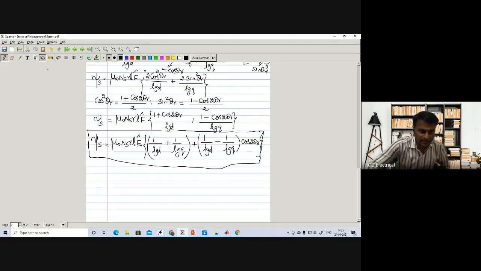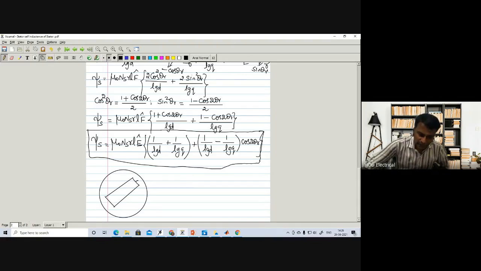Let me take this stator. If the stator is like this, and we have a rotor, we can draw it like this. This is the rotor.